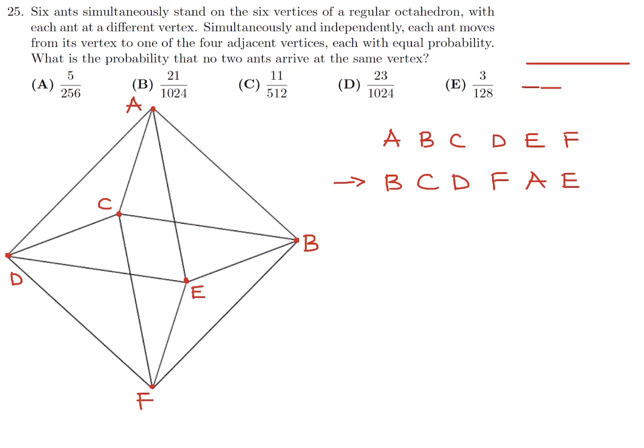So there's 6 ants, right? 1, 2, 3, 4, 5, 6. Each ant has 4 possible choices. 4 times 4 times 4 times 4 times 4 times 4, which is 4 to the power of 6. That is the denominator. Now the numerator, of course, is what we have to figure out, and that's a little bit more challenging. So here we go.